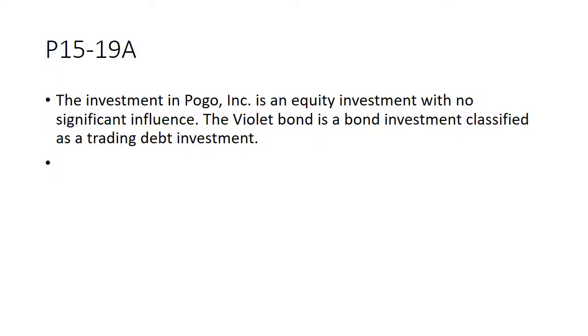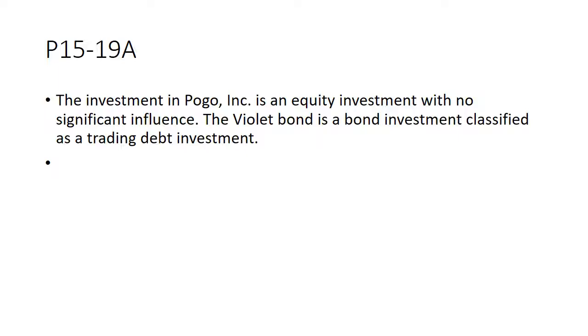In step 1, it says classify each of the investments made during 2018. Assume the equity investments represent less than 20% of ownership of outstanding voting stock. So the investment in Pogo Inc., which happened on July 2nd, is an equity investment with no significant influence. Why?